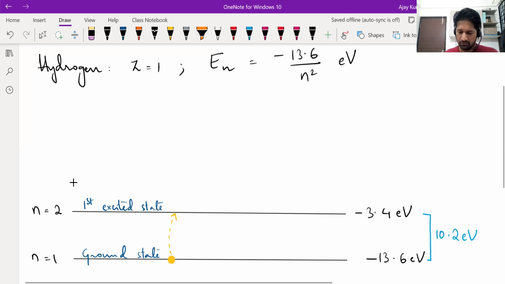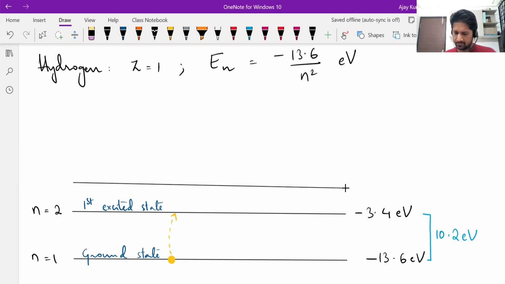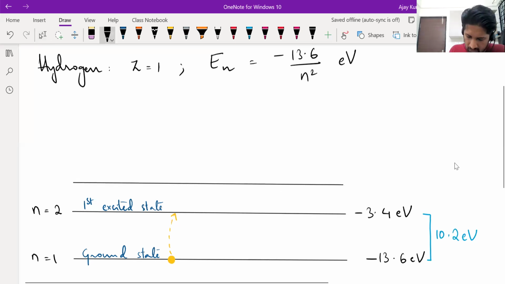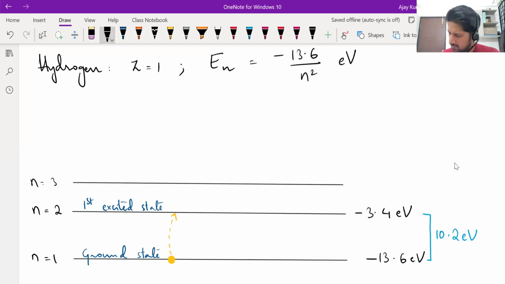That becomes minus 1.51 electron volts. So the energy of the electron in the third orbit will be minus 1.51 electron volts. And what's the energy difference between the second orbit and the third orbit? 1.51 and 3.4. If you subtract, how much does it become?